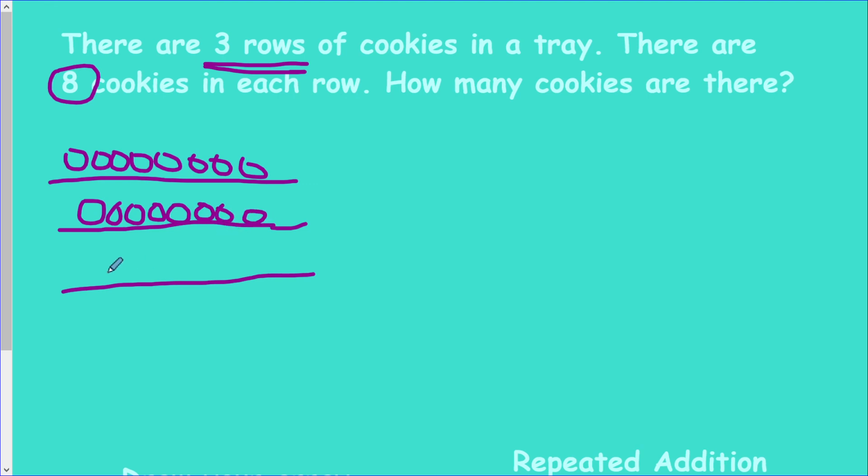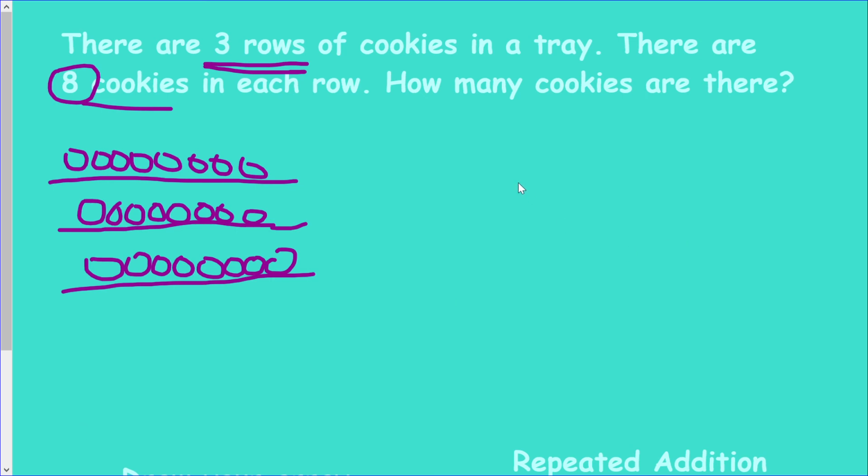Second row of 8. And double check, I think I need one more. Third row of 8. So I have, double check, do I have 3 rows? 1, 2, 3, I do. Are there 8 cookies in each row? Yes. So my array looks good.